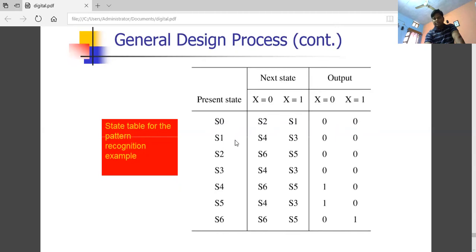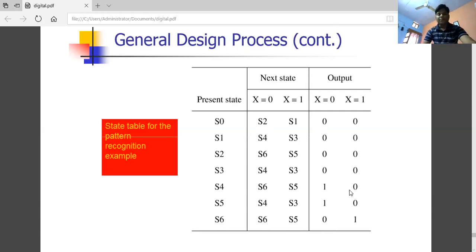When S1 has x equal to 0 it goes to S4, and x equal to 1 it goes to S3. Similarly, S2 goes to S6 and S5, S3 goes to S4 and S3, S4 goes to S6 and S5, S5 goes to S4 and S3, S6 goes to S6 and S5, for x equal to 0 and x equal to 1, and the respective outputs are also mentioned. This is the state table.